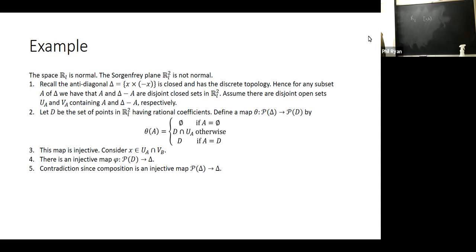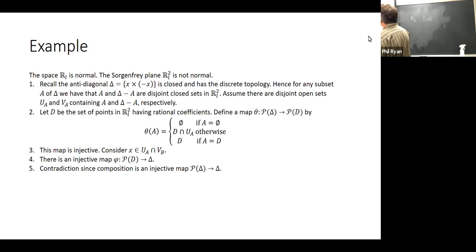Because all the points are both closed and open. So any subset and its complement are both going to be closed in the subspace topology, right? So then it and its complement are going to be disjoint closed sets in the Sorgenfrey plane. And it's these two things which we're going to be unable to separate by open sets.